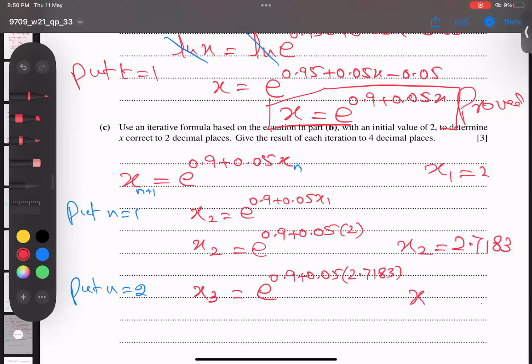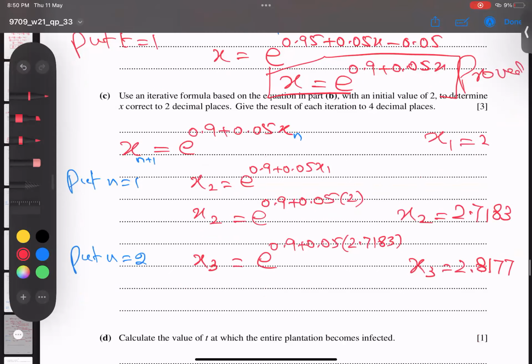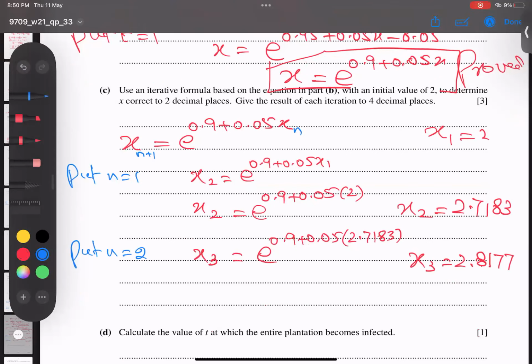And my answer of x3 is coming if I just use it here in place of 2. Let's see what answer is coming, 2.8177. So now I will plug in for n3.